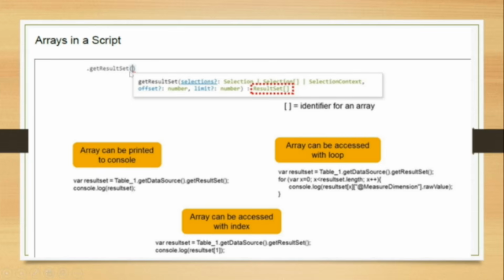First of all, let's find the function getResultSet, which returns the result set of the array. An array can be printed to the console. In order to explore the members of the array, we can use console.log with the result set.